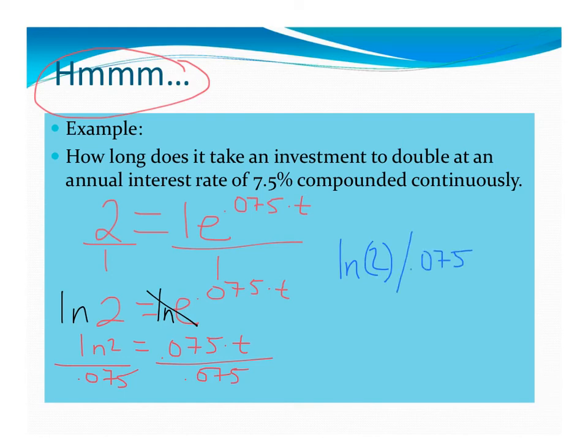And that should give me my answer, which is going to be about 9.24 years. Really, round it to whatever we want. In this case, it didn't say anything, so I just put nearest hundredth, so 9.24 years. Usually it might ask for nearest year, in which case we do 9 years, but it would pretty much be your call for most of these.